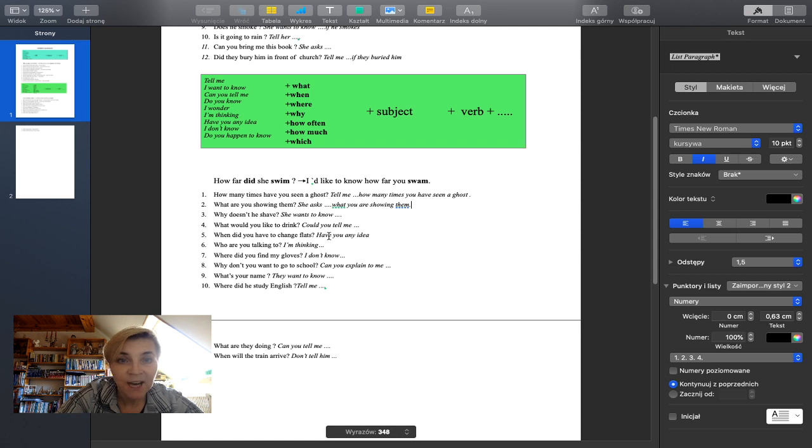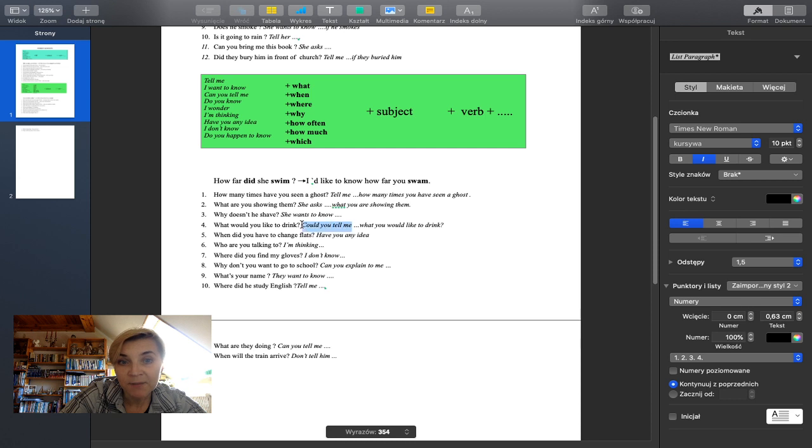But if I go to example number 4, what would you like to drink? And if I start the sentence like, could you tell me what, of course, subject, and now the verb, we have the would like form. So, could you tell me what you would like to drink? And now at the end, I will put the question mark. And why? The answer is simple.